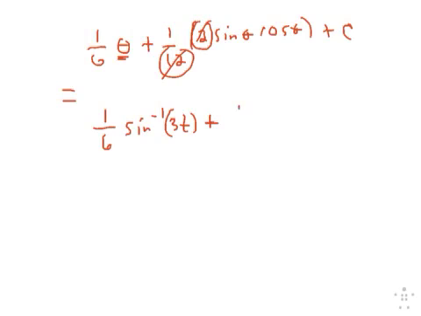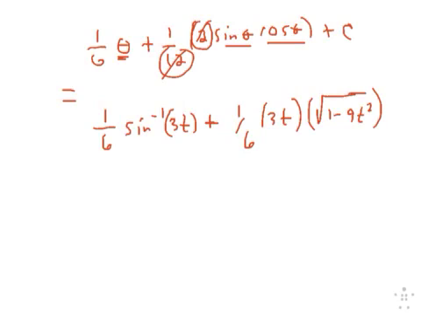So plus 1/6. Sine theta we said was 3t, and cos theta we said was the square root of 1 minus 9t squared. And of course all of that plus c.